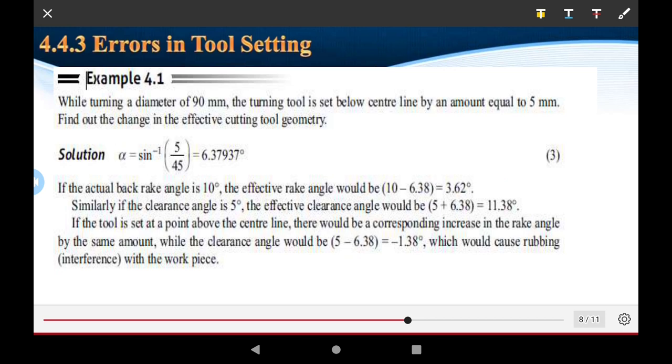This operation is used where needed for special jobs. This is how we apply the value. This problem is very easy.